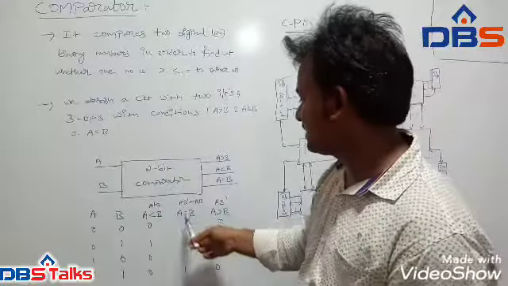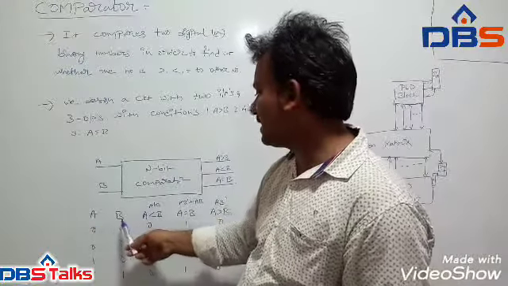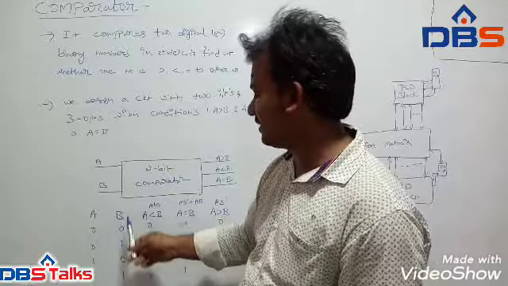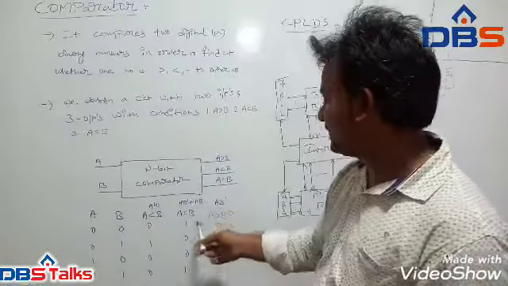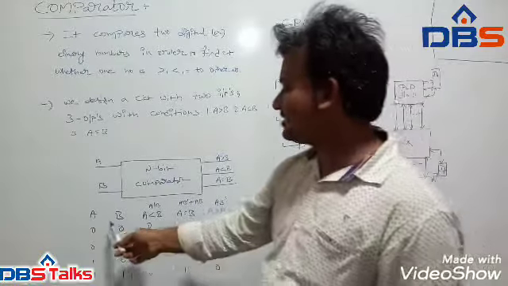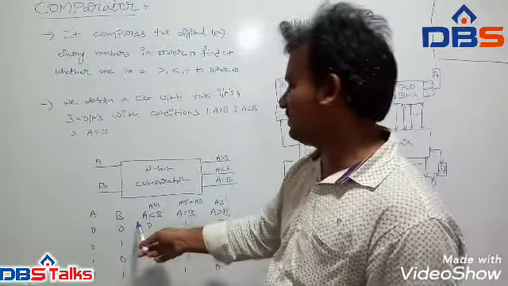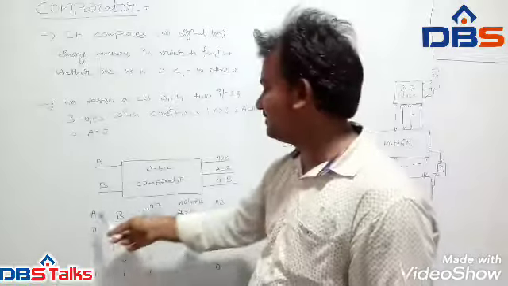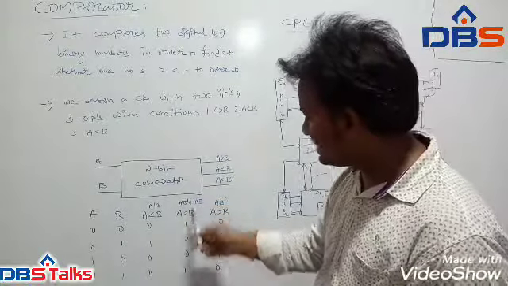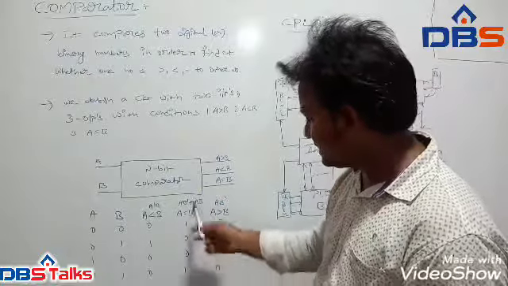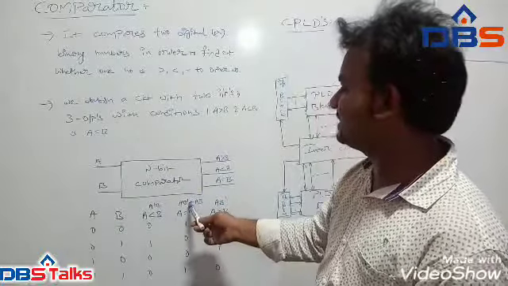The resultant equation is: if both inputs are high, we consider AB, and if they are inverted, we consider A bar B bar. Whenever we consider vertically in this line, we get this resultant.